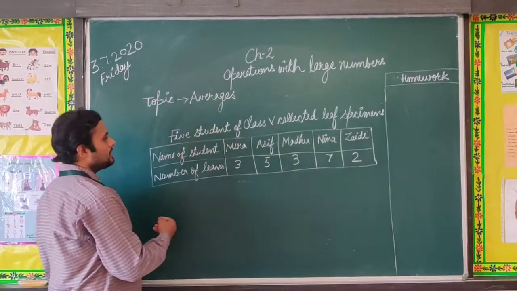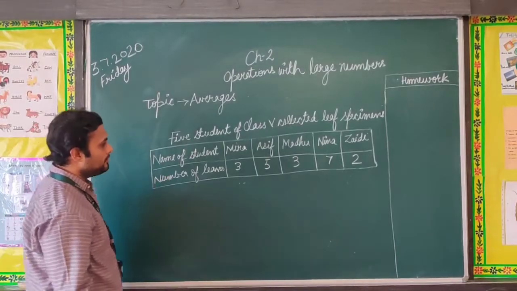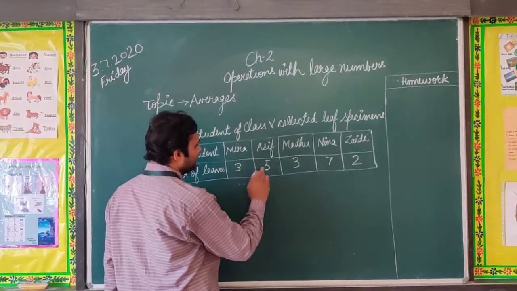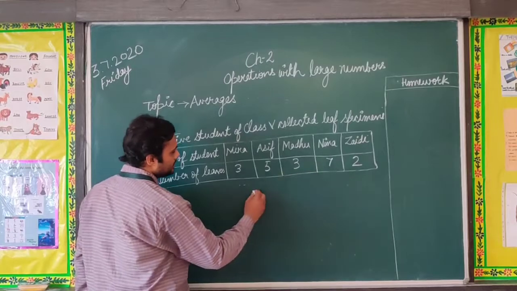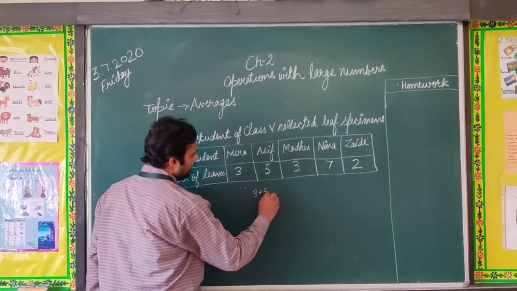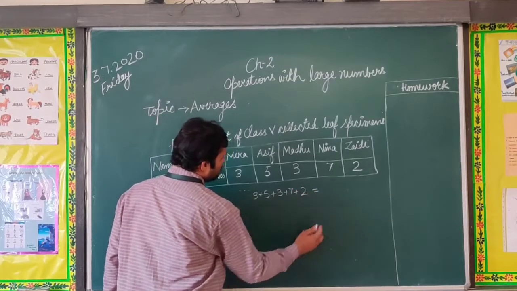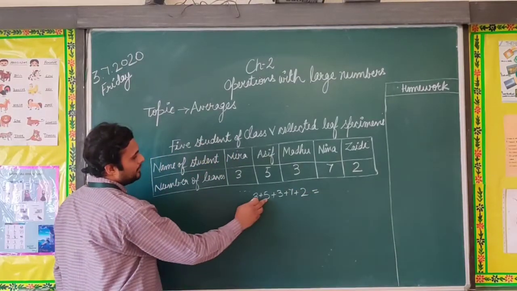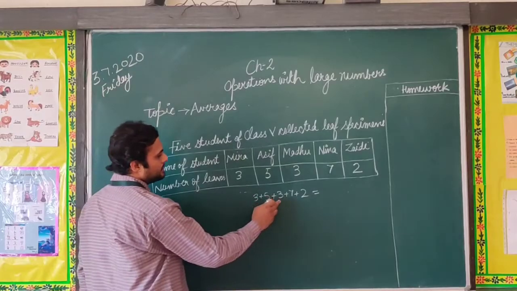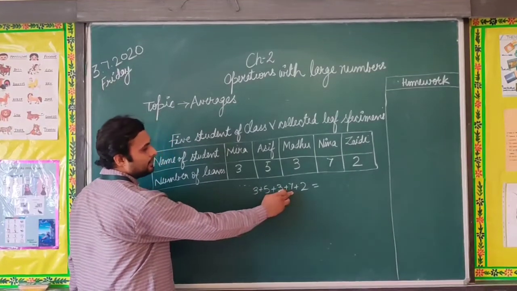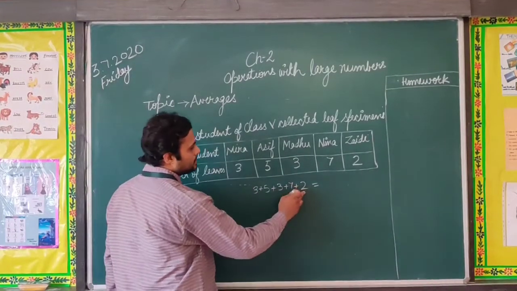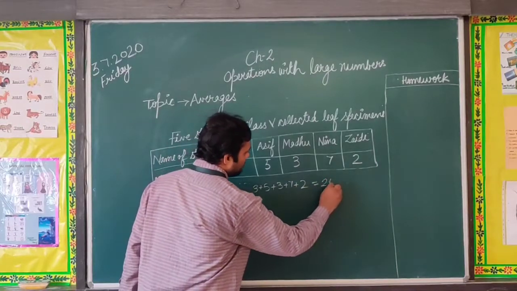If we want to take the average, we add all these 5 numbers: 3 plus 5 plus 3 plus 7 plus 2. 3 plus 5 is 8, 8 plus 3 is 11, 11 plus 7 is 18, 18 plus 2 is 20.